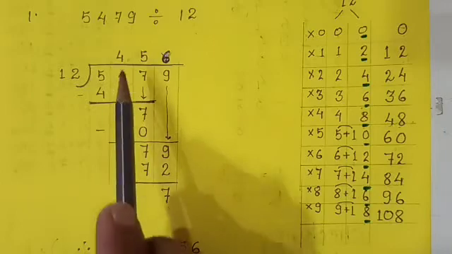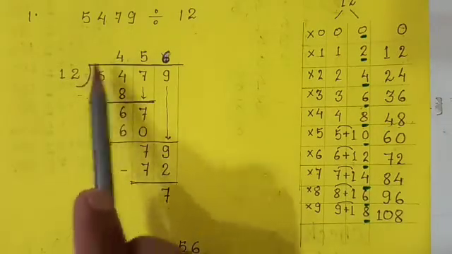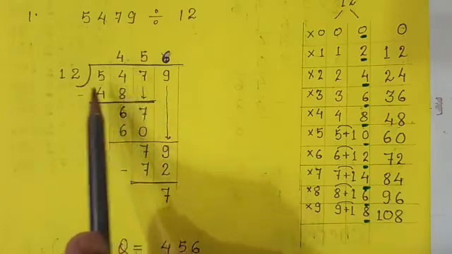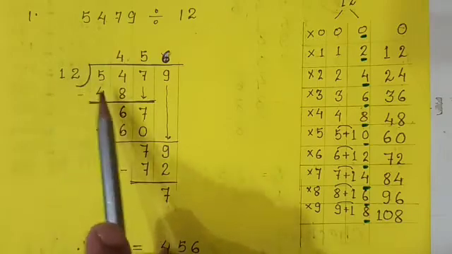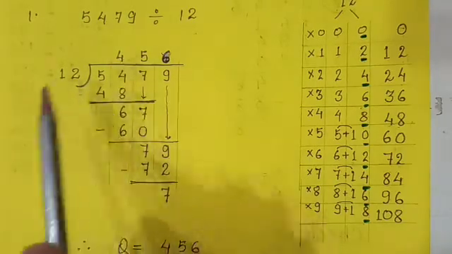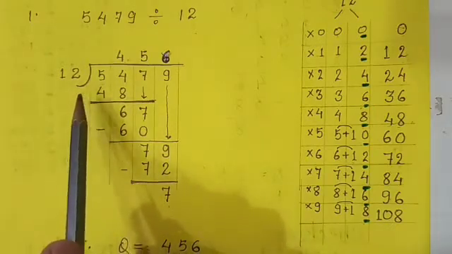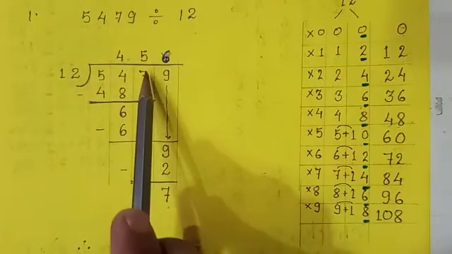Here children, you have to write the digit of the quotient in the least place of the target number. Our target number is 54. This 5 and 4. 4 is in the least place. So our digit of the quotient will be written here in this column. Now, we have to subtract it. After subtraction, we are getting this 6. Now, we have to place down 7.